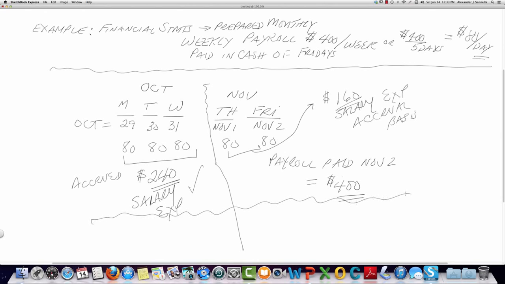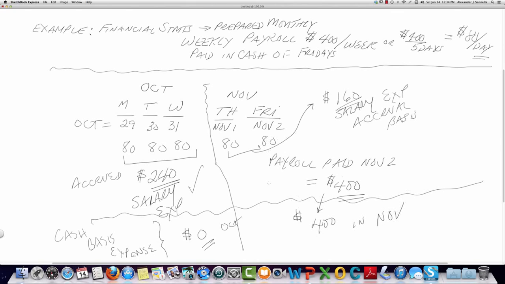What would happen if I use the cash basis? Because nothing's paid in October, we would show 0 salary expense in October, and we would show $400 of salary expense in November.